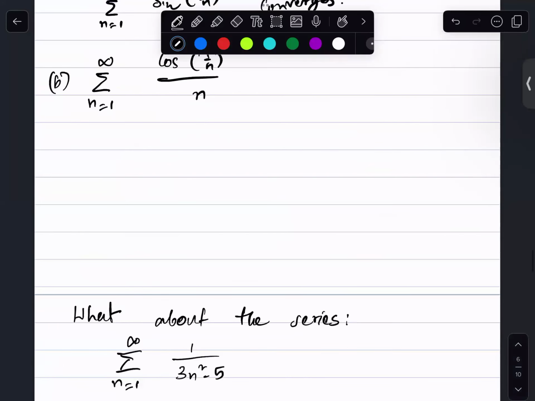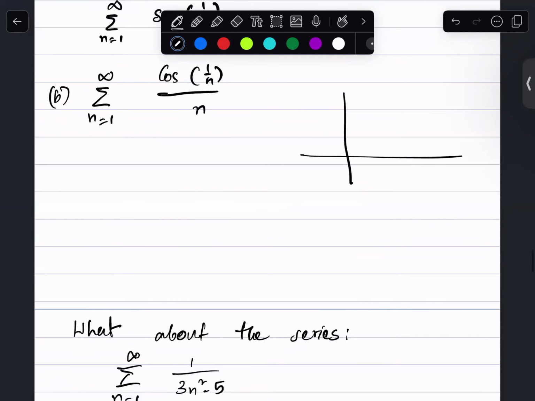Cool. For the second example, again, I have cosine 1 over n, right? Cosine goes like this, and this is 1 over 2. We are going in this direction. Say this is 1, so this is like half, and so on.